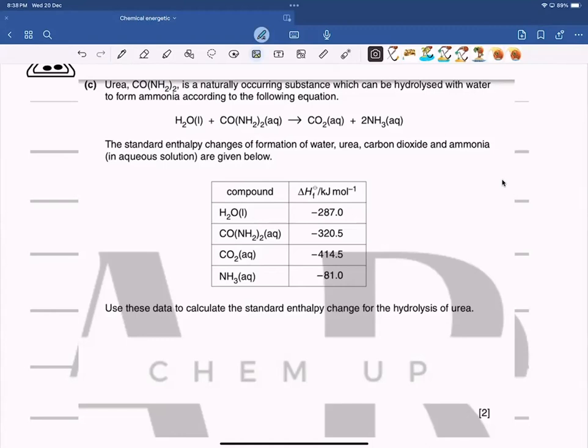Now we did all types of questions from enthalpy changes.